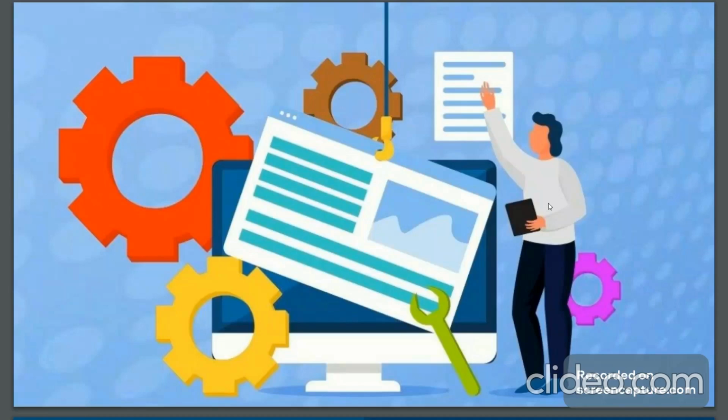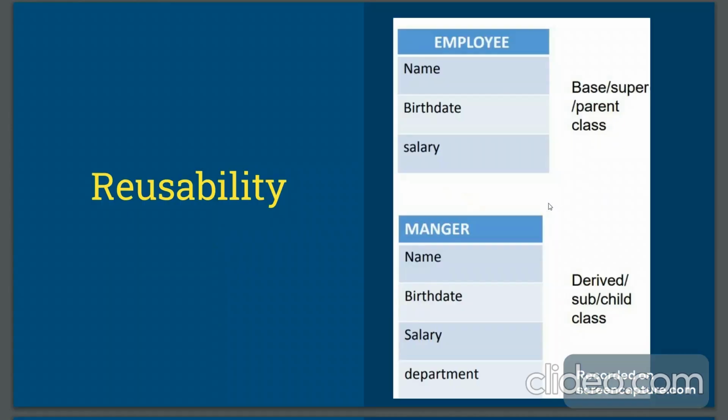So how does inheritance become useful in program implementation? It uses the feature of reusability. See, in the employee class, we already have name, birth date, salary. So for manager there is no need to declare these variables, and read and display them again and again.